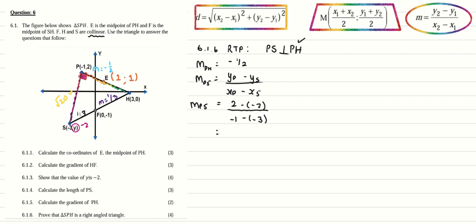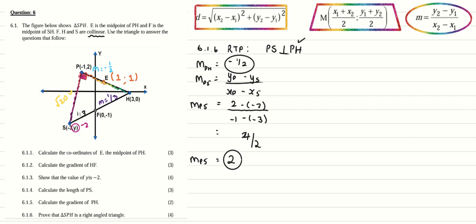After substitution, we end up with 4 over 2, which is 2. So the gradient of PS is 2, and the gradient of PH is -1/2.